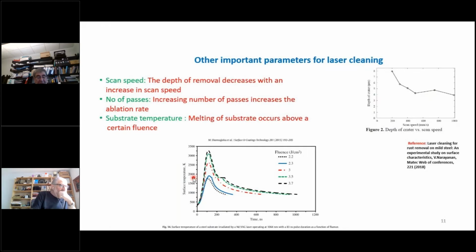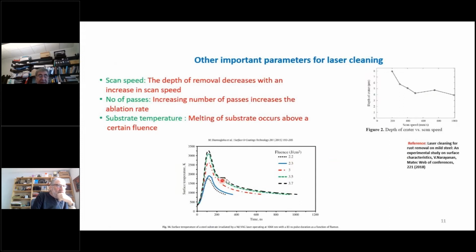Like this peak roughly coincides with the melting point of steel, which is 1500 C. And this is actually in Kelvin, so it'll be around 1800 Kelvin. So the temperatures are kept below the melting point of steel for 2.2 and 2.3 joules per centimeter square.